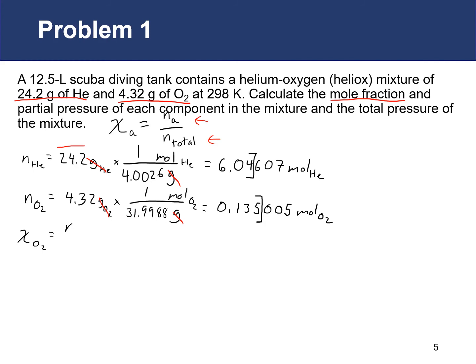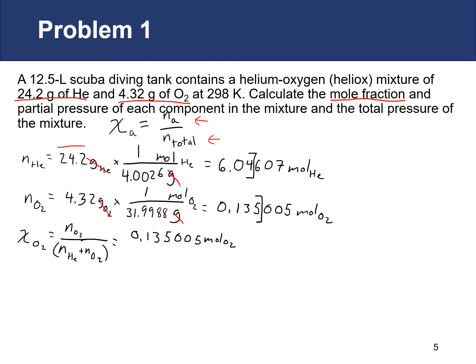So that's equal to the number of moles of oxygen divided by the total number of moles, which would be the number of moles of helium plus the number of moles of oxygen, right, as our denominator. So this would be equal to 0.135. We're going to keep a couple extra digits so we don't introduce a rounding error.